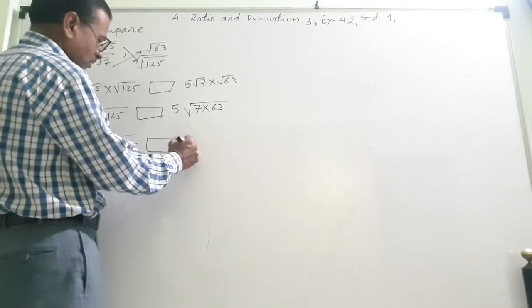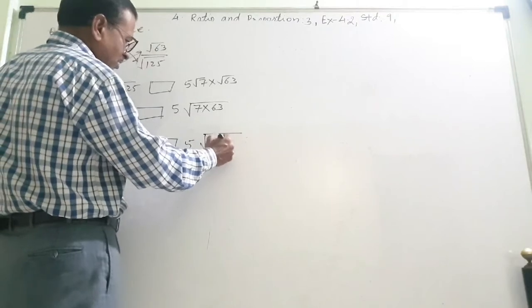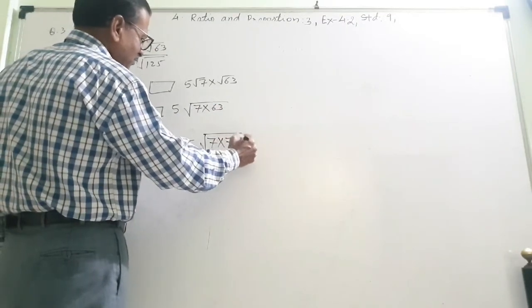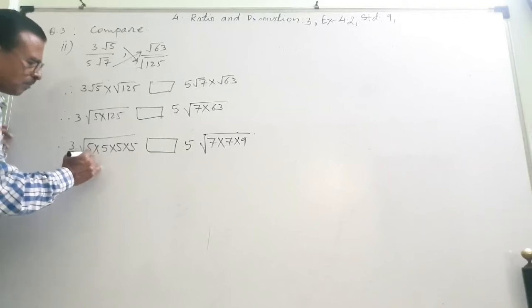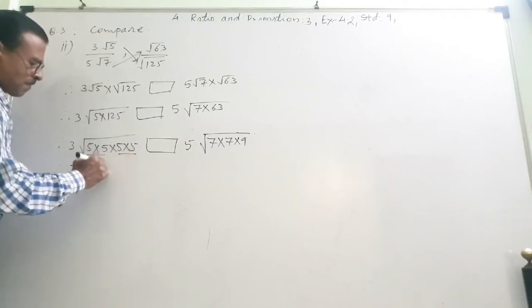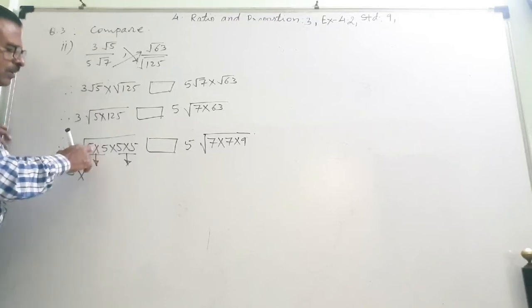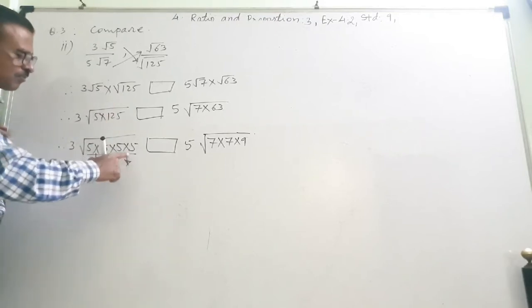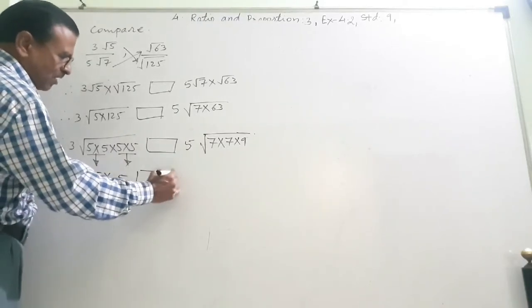So 5 into, this is 7, into, this will be 7 into 9. Therefore, make the pairs of 2. Here the sign is into. Out of the 2, I will take one out, that is called the square root. For this, 5. Box 5.